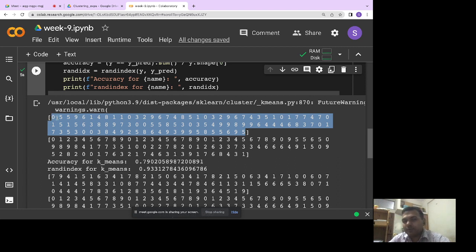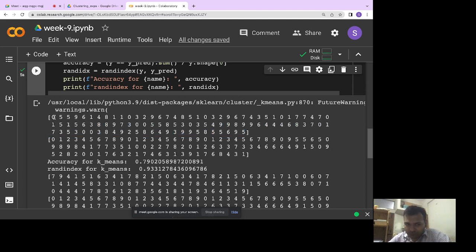So k-means probably gave something else completely. If you see carefully, k-means has given the first point 0 and the true answer was actually 0. So let's search for the other places where k-means has assigned 0. This is another place where k-means has assigned 0. Here also you see that the assignment is 0. Here also k-means has assigned 0.